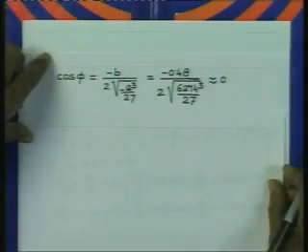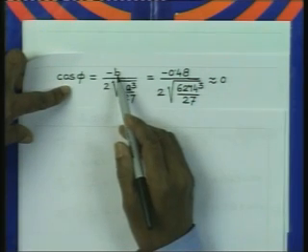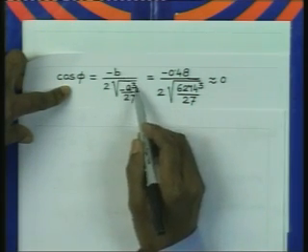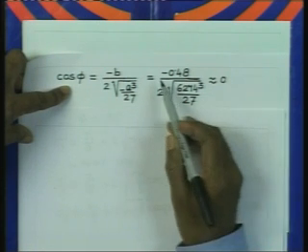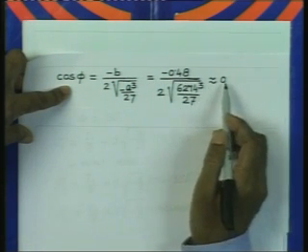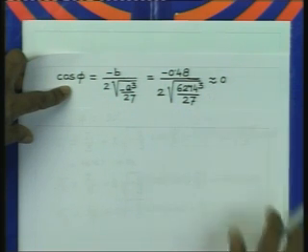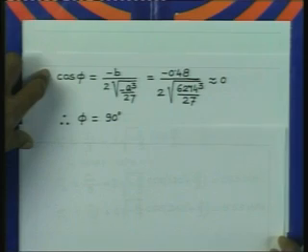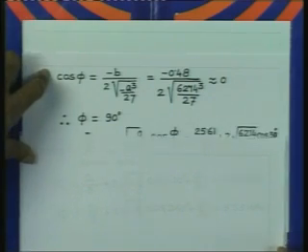Then we calculate the angle phi. Cos phi is equal to minus b by 2 into square root of minus a cube by 27, and if we substitute the values, this comes out to be a very small quantity which is almost equal to 0. Therefore, it means that phi angle is equal to 90 degree.